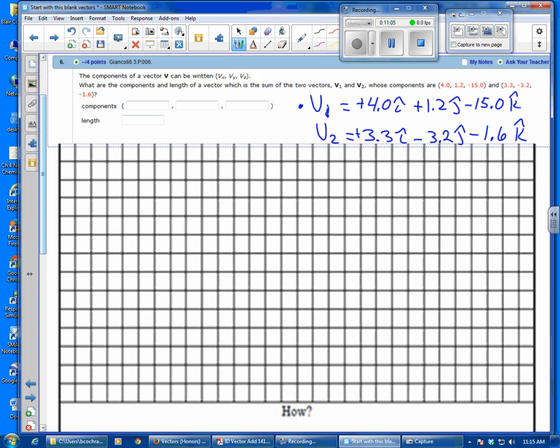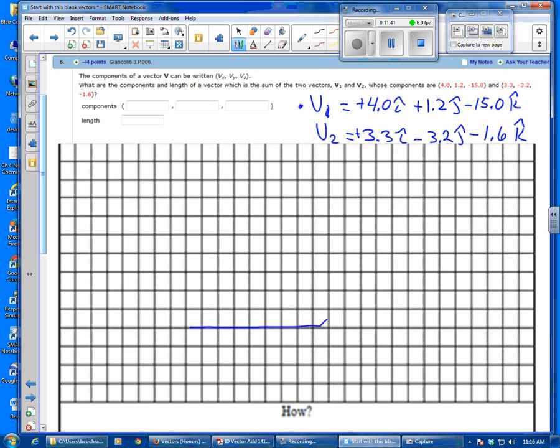So I'm going to go 4 in the i direction, 1.2 up, and then negative 15, so I'm going to go into the board 15. Quite frankly, if I asked you to draw this one, I would take almost anything. I'm going to try to draw it the best I can for you.